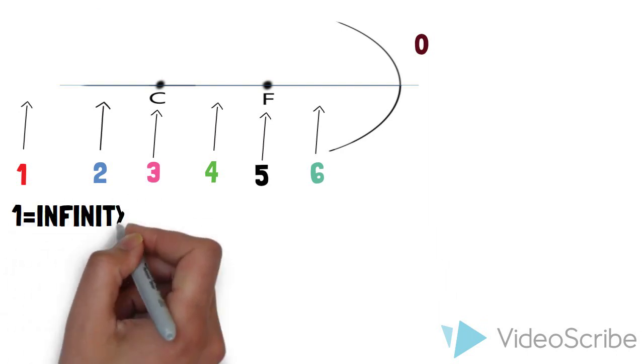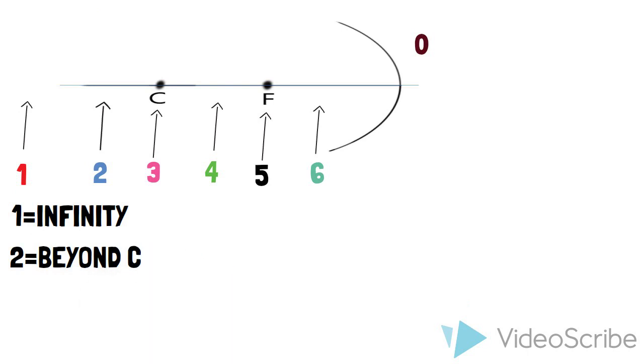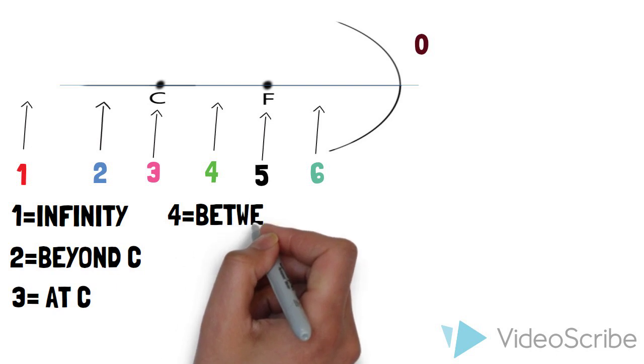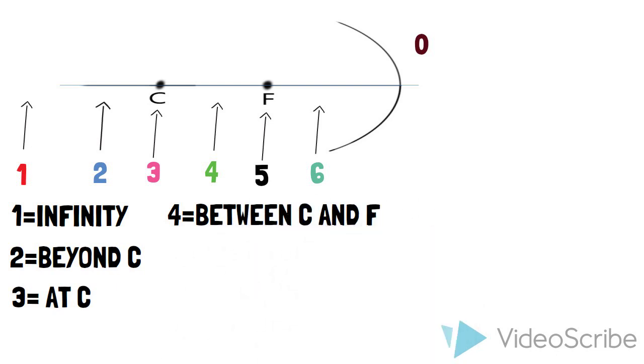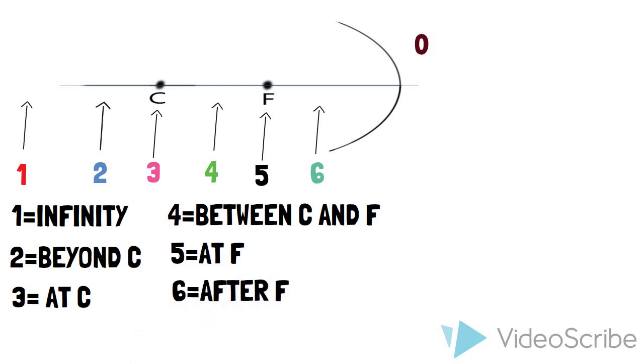You can see here that 1 represents infinity, 2 represents beyond C, 3 at C, 4 between C and F, 5 at F, and 6 after F. Not forgetting 0, which corresponds to behind the mirror.